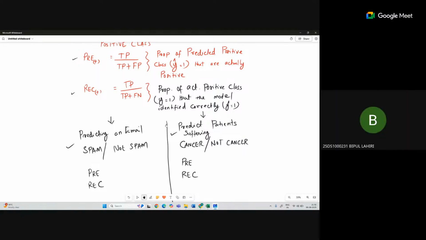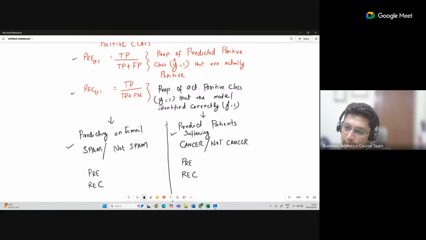Not cancer, but actually the patient is having cancer. Okay, so the model is telling the patient is not suffering from cancer, but the patient actually has cancer. So this is dangerous here. Therefore, in this setting, you have to reduce false negatives and increase your recall.